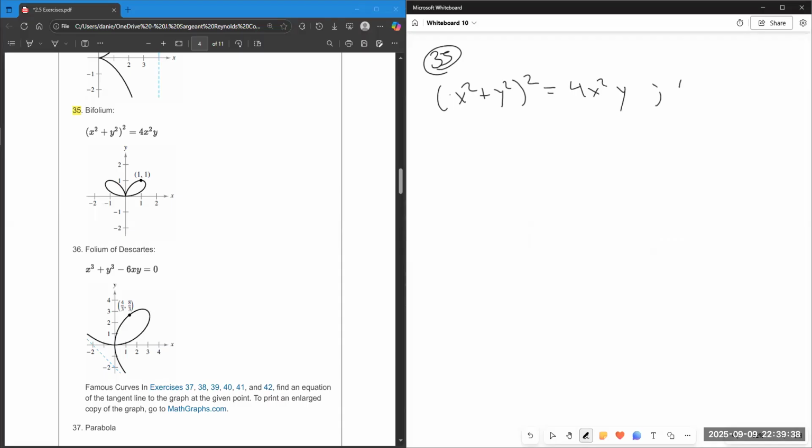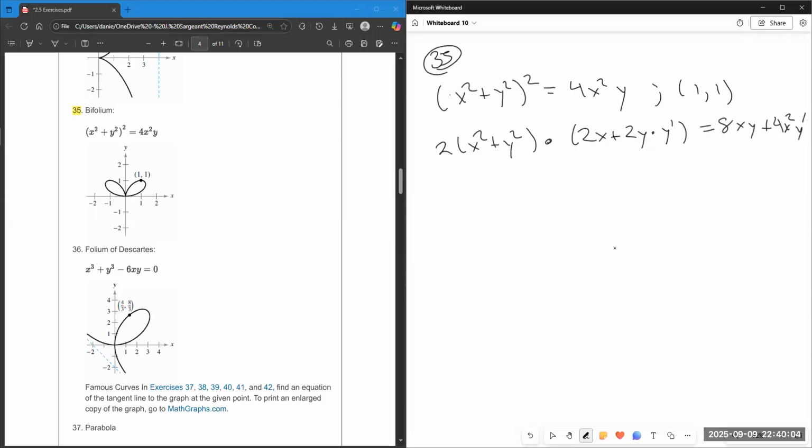And we're given the point 1, 1. So 2 times (x squared plus y squared) times (2x plus 2y times y prime) equals 8xy plus 4x squared y prime.